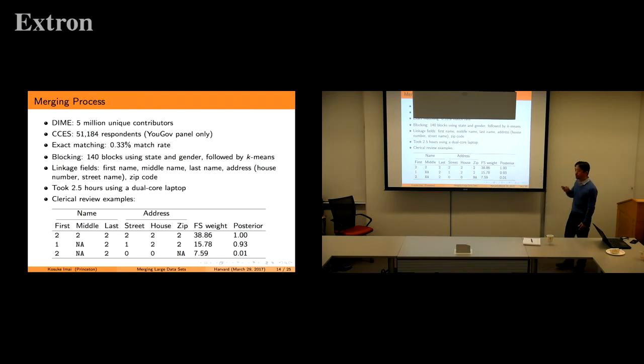If you're matching your first data set to your second, and your second had 2 people that had the exact same first, middle, last, street, house, zip, would they each get a posterior of 1, or would you get a posterior of 0.5 for each of them, if there were 2 things you could match to? Because the pairs are assumed to be independent, you get a different posterior for each pair.